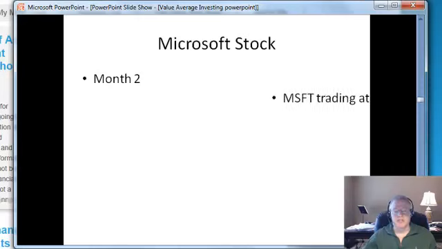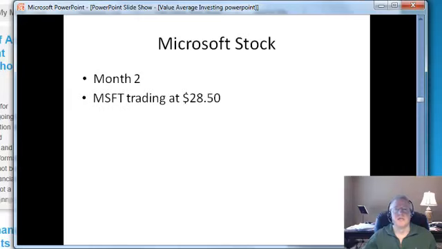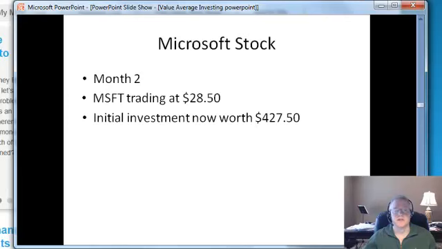And in month two, we see that Microsoft is trading at about $28.50. And so we would then see that our initial investment, which was about 15 shares, is trading now at about $427.50.